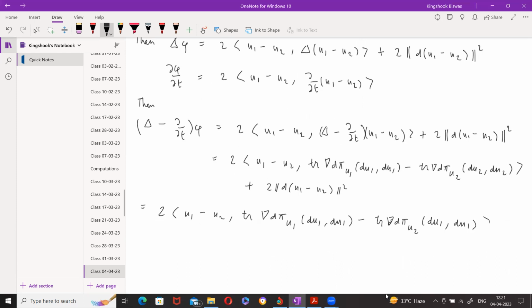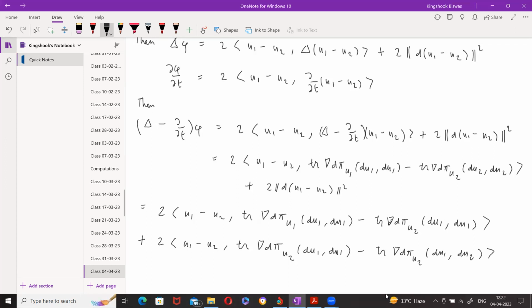So then I have to add this term and subtract another. So then I'll have twice inner product u1 minus u2, trace of nabla d pi at u2 of du1 du1, and now I'll subtract trace of nabla d pi at u2 acting on, so I'll keep this a du1 and then I'll put here a du2.